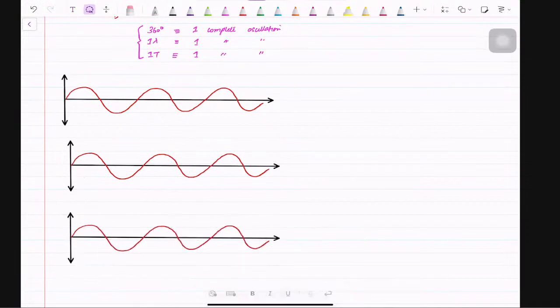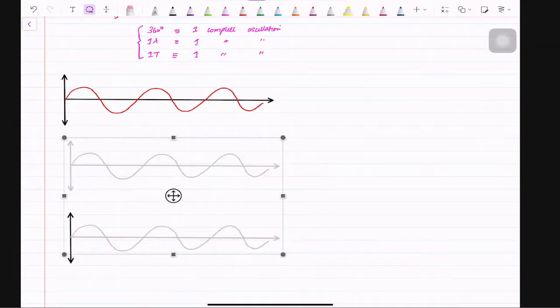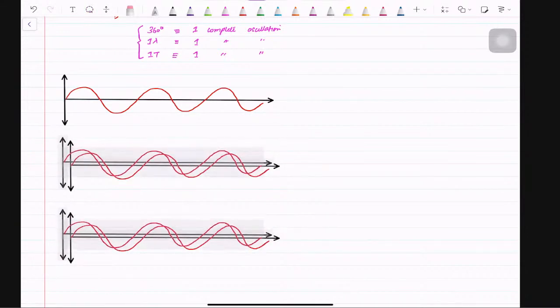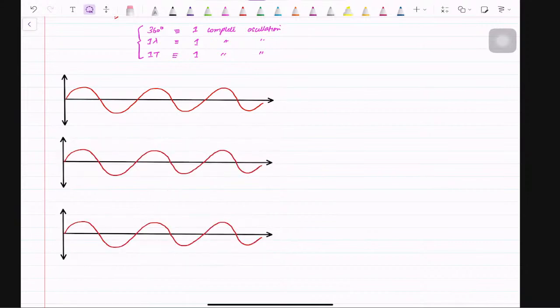So I'm gonna put them right here. Suppose all of them have displacement x on this side. This one is distance, this one is time, and this is with respect to angle theta.